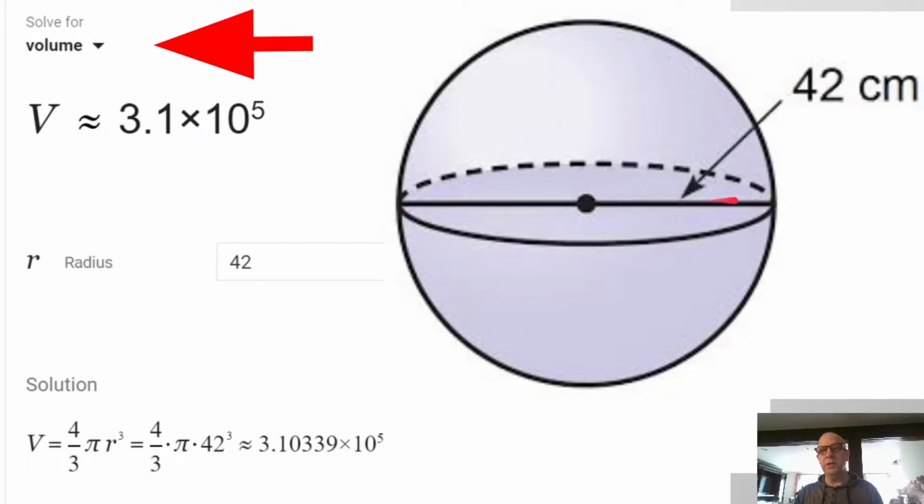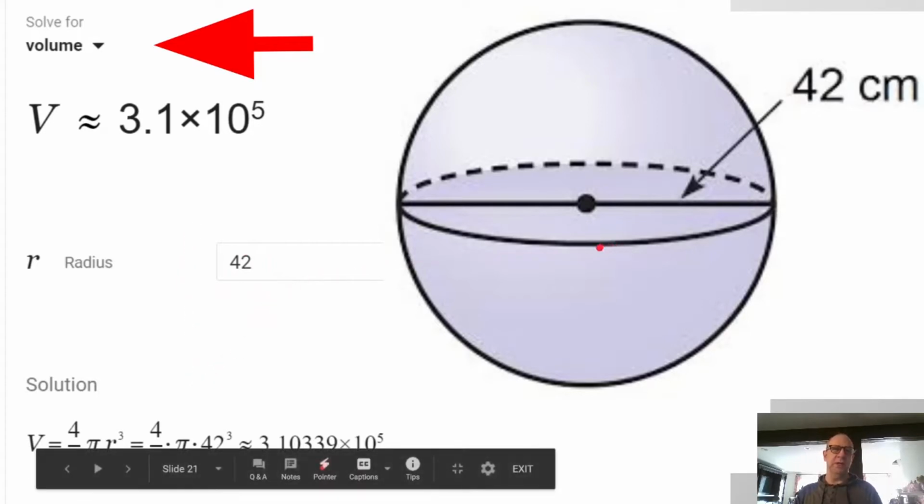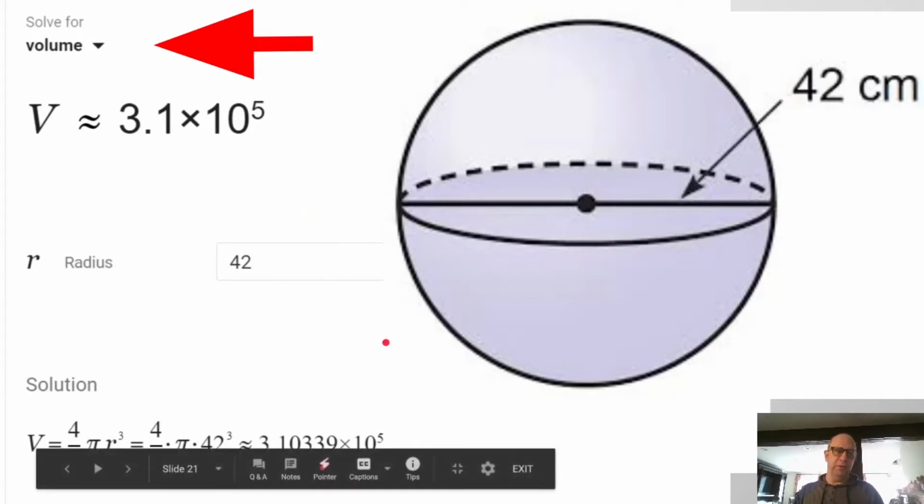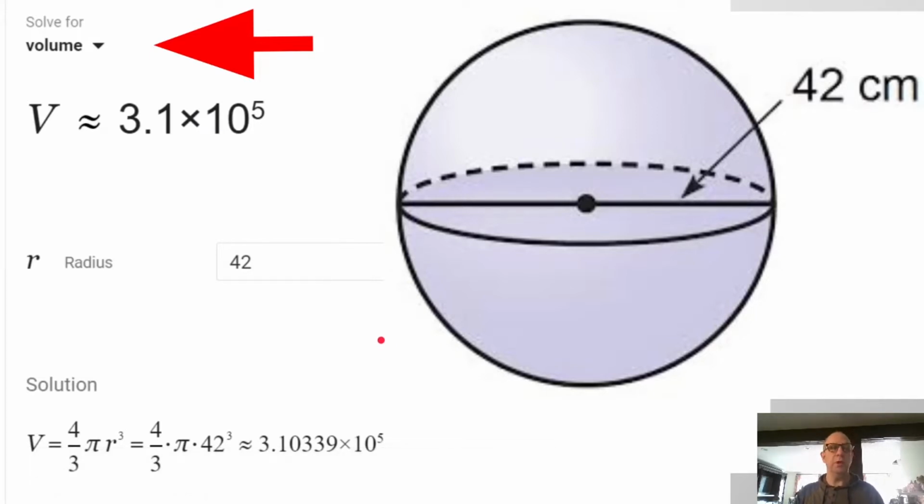So my radius is going to be 21. So I did this wrong. So make sure you check for your radius and not your diameter. And it shows you the work is 3.1 times 10 to the 5th, which is 310,339 centimeters cubed. Okay.